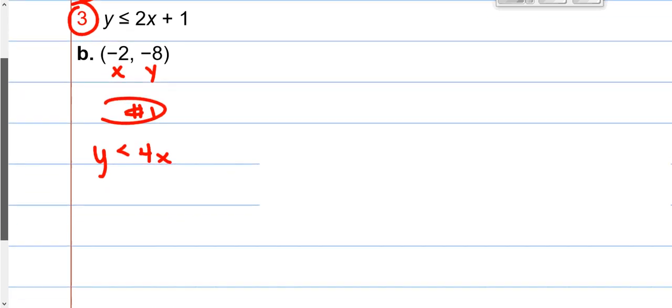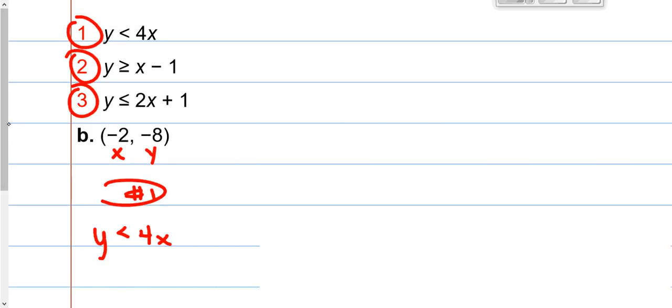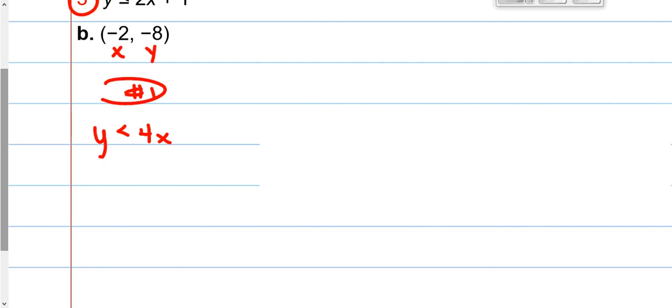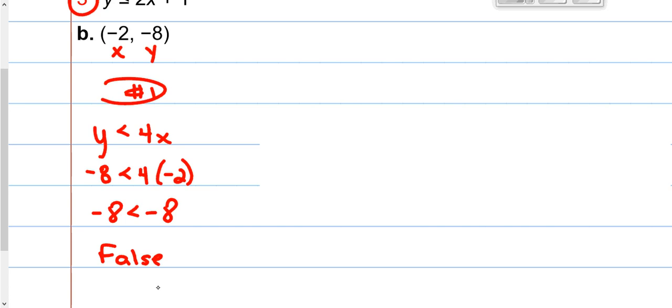Scroll up so we have some room. Y is negative 8, less than 4 times x, which is negative 2. So we have negative 8 less than 4 times negative 2, which is negative 8. Is negative 8 less than negative 8? And the answer there is no, it's not, because negative 8 is equal to negative 8. So that comes out false.